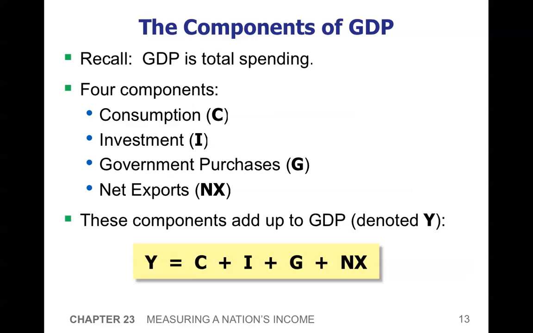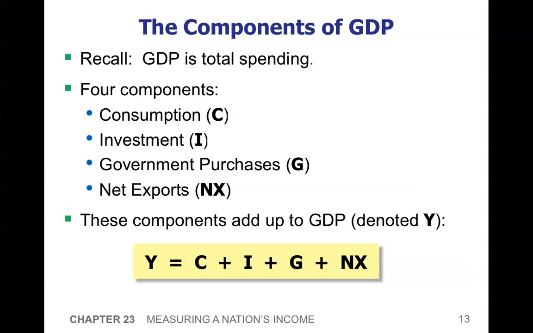These components add up to GDP, which is denoted as Y, or total expenditure, sometimes referred to as total income, although that's not right, it would be total expenditure. C plus I plus G plus NX, or net exports. Now, net exports, I forgot to say, is exports minus imports. We oftentimes write that as X minus M.